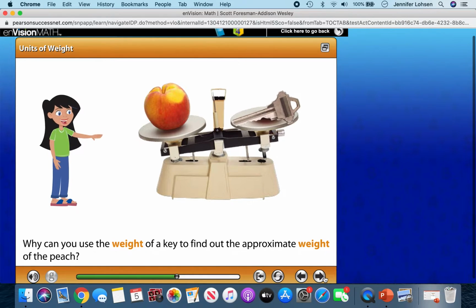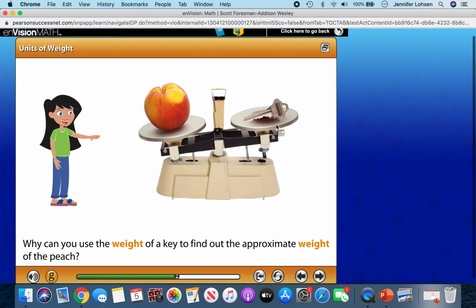Why can you use the weight of a key to find out the approximate weight of the peach? So let's think back to when we were first talking about length on Monday. We were trying to measure, I think his name was Greg's toy car. And instead of using a ruler and inches, which would be a standard form of measurement, we used a paper clip, which is something called a non-standard unit of measure.